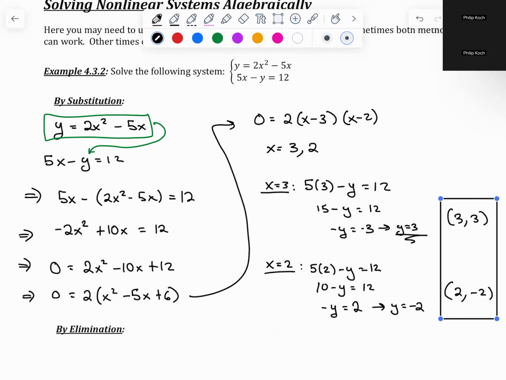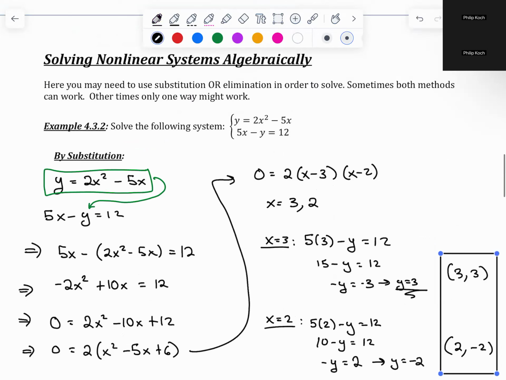Just as an aside, you don't need to draw this, but this is for intuition. You could factor this as 2x times (2x minus 5), so it has a 0 at 0 and a 0 at 5 halves, and it looks like this. That's y equals 2x squared minus 5x.